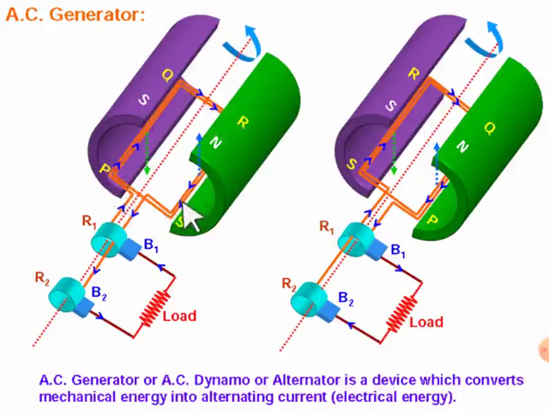Let the coil be represented by PQRS like this. These blue colored parts are the rings. We call them slip rings. R1 and R2 are slip rings. The blue ones denoted by B1 and B2 are the brushes. We call them carbon brushes.